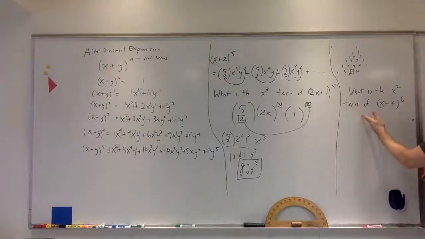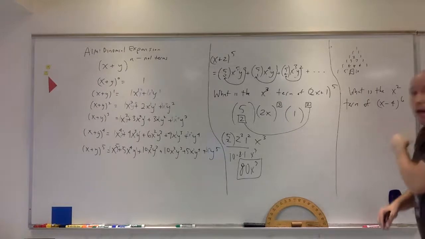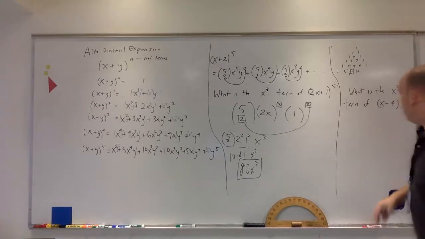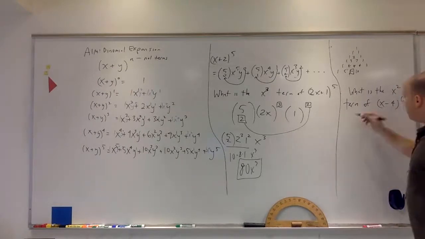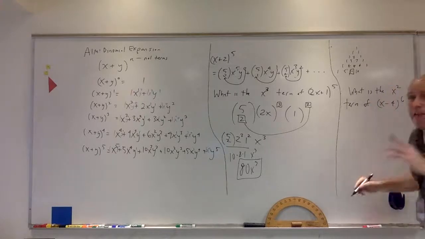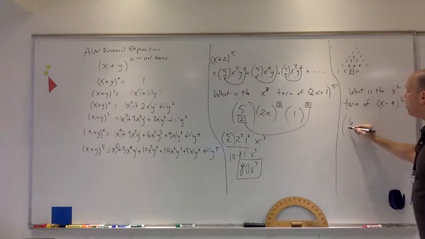No big deal, same idea. I don't want all the terms. I don't need to expand the whole thing out. So I know that every single term is 6 choose something.